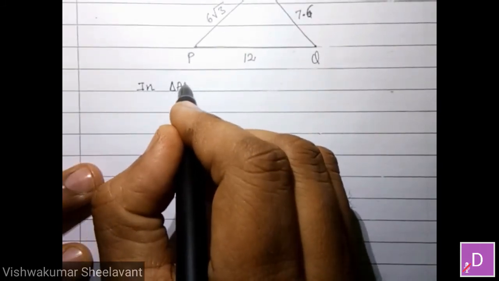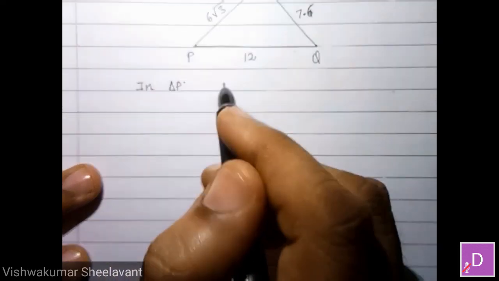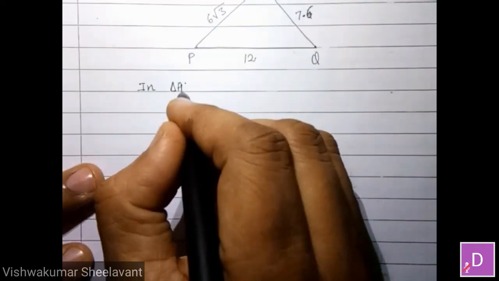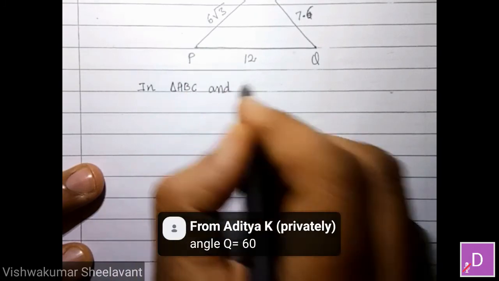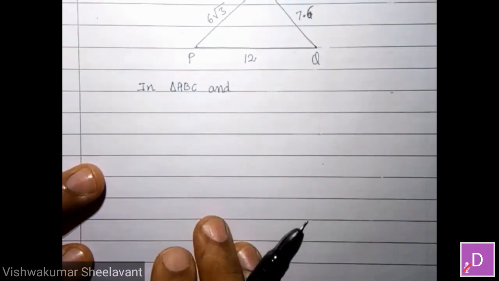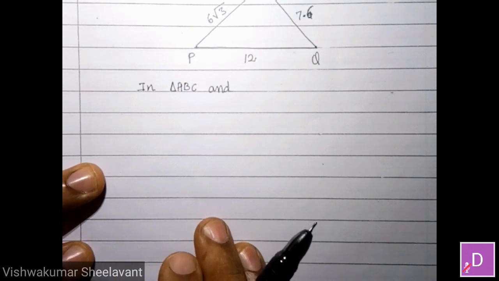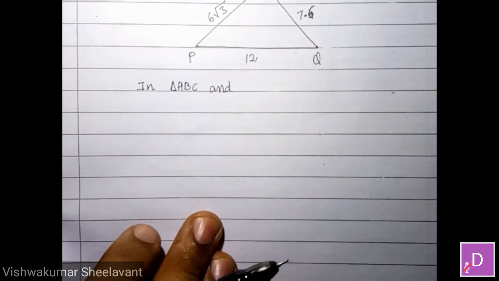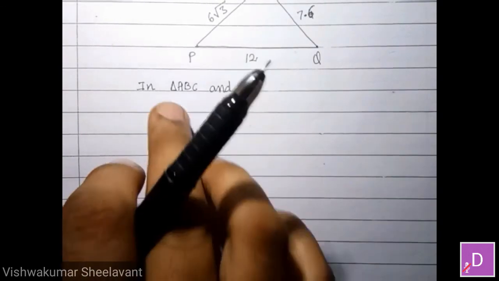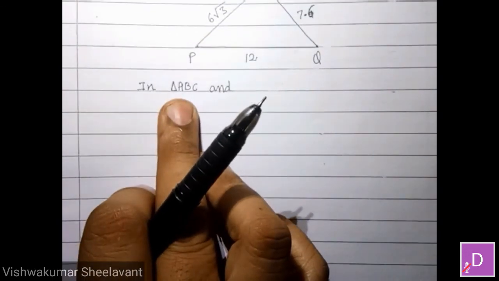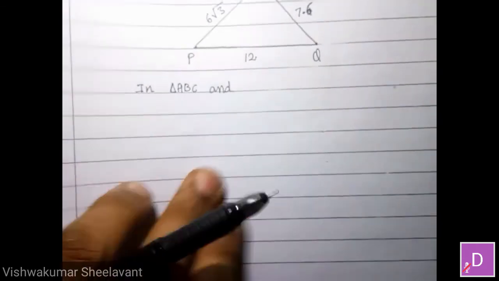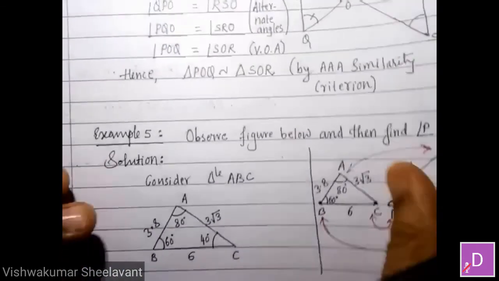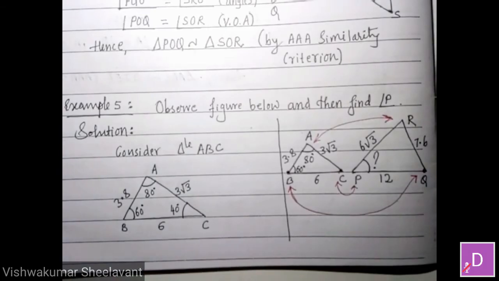In triangle ABC and in triangle, which triangle name you will write? Can anyone tell me? Looking at this, which triangle you will write?